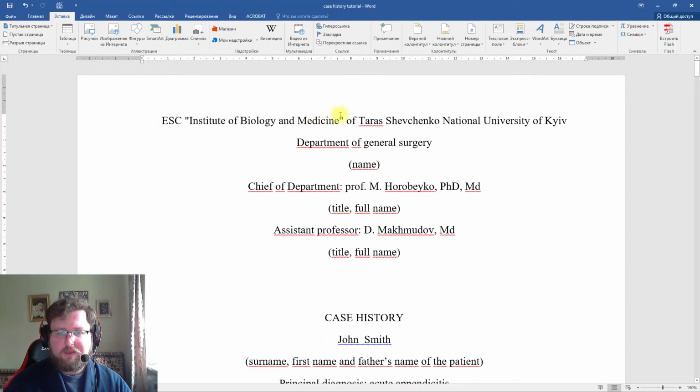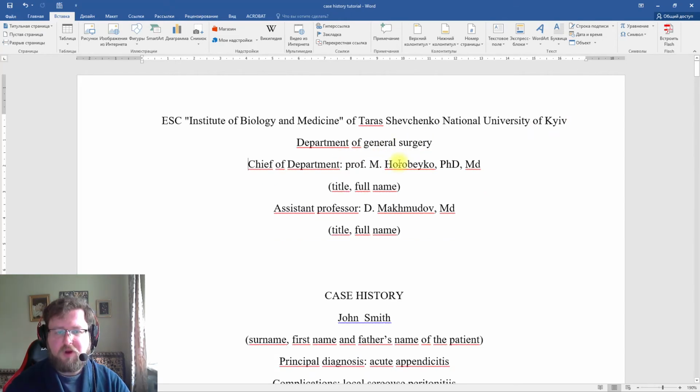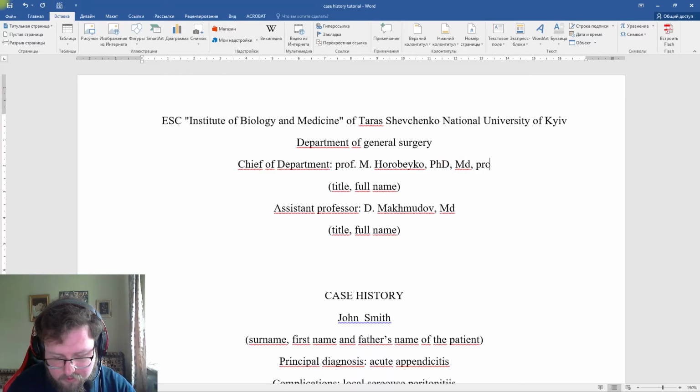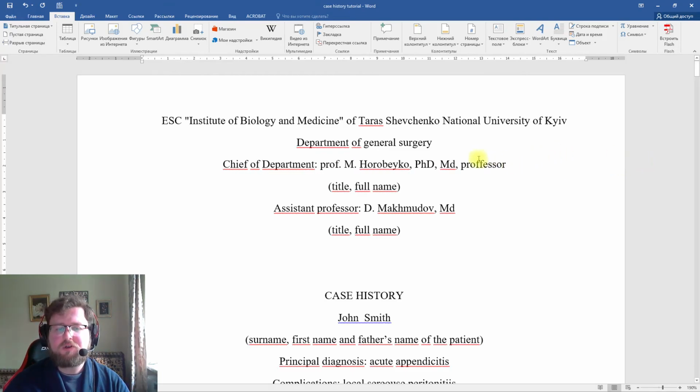So let's do the summary once again. First thing you write is the name of your institution. This is the Institute of Biology and Medicine of Taras Shevchenko National University of Kiev, Department of General Surgery. This is the name of the department. Then the chief of department is Maxim Horobeiko. He's the MD, PhD, and professor of surgery.